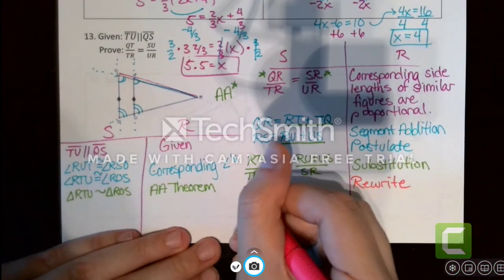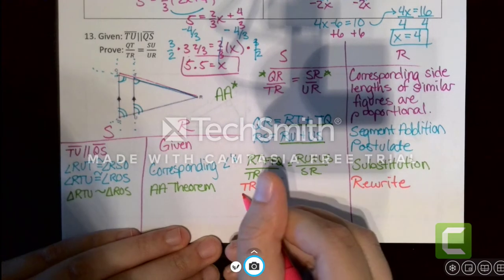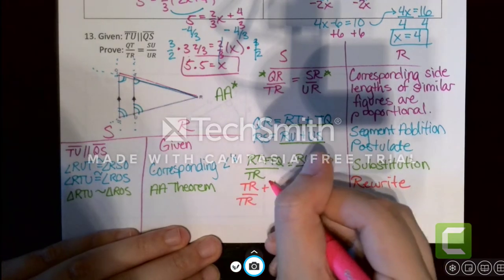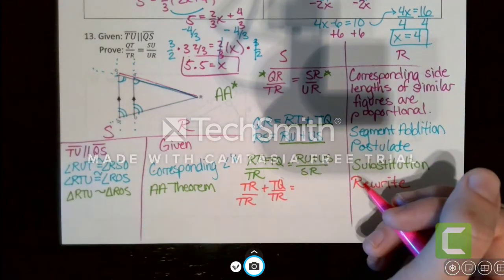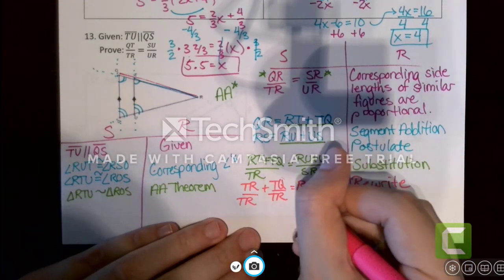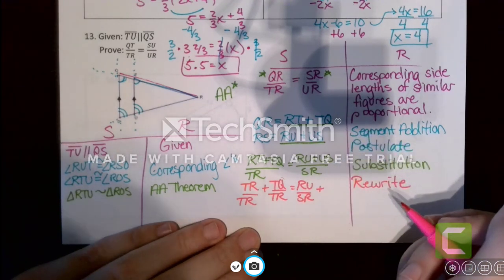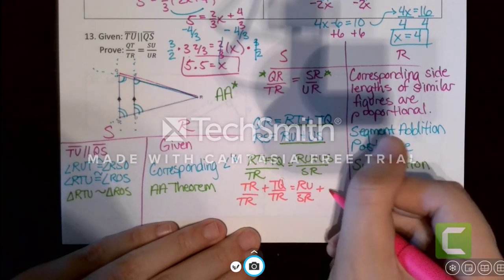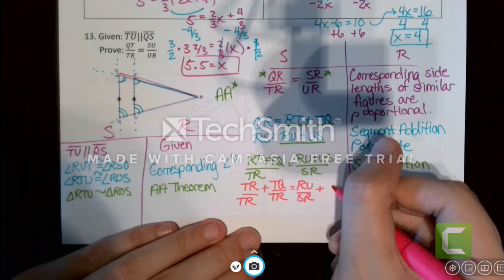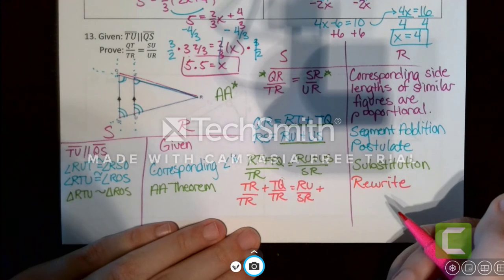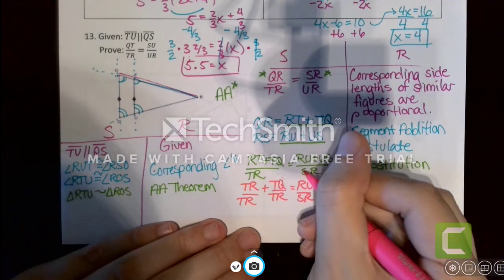Your rewrite statement should be TR divided by TR plus TQ divided by TR is equal to RU divided by SR plus... I got these two mixed up right here.